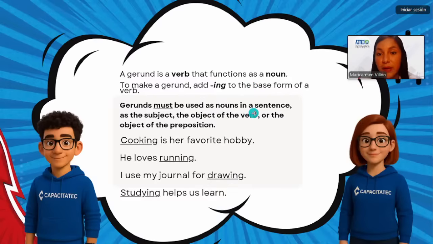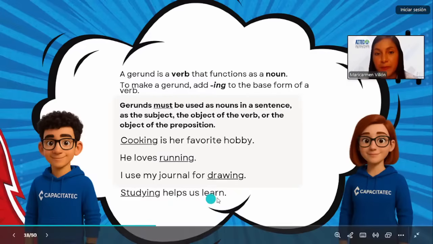Gerunds must be used as noun in a sentence as the subject, the object of the verb, or the object of the preposition. Okay? So, for example here, cooking is her favorite hobby. Aquí funciona como noun. Cooking is her favorite hobby. He loves running. I use my journal for drawing. Or studying helps us learn. Okay? Veamos.